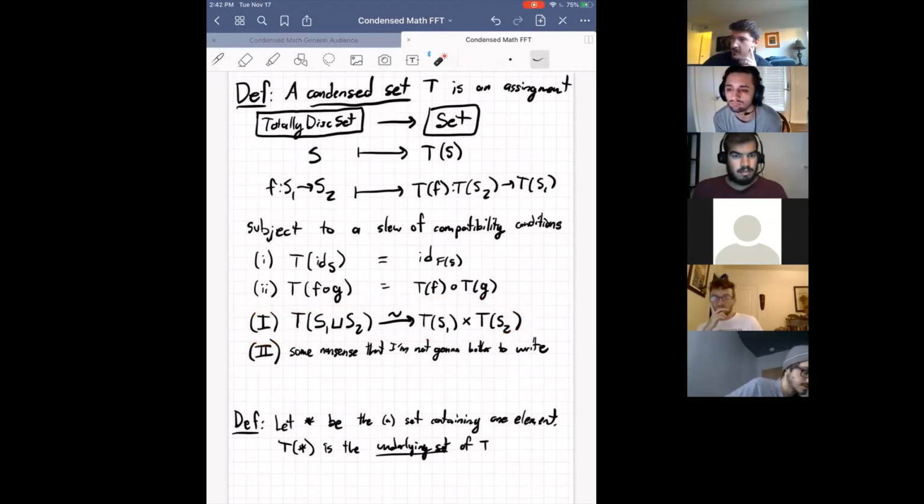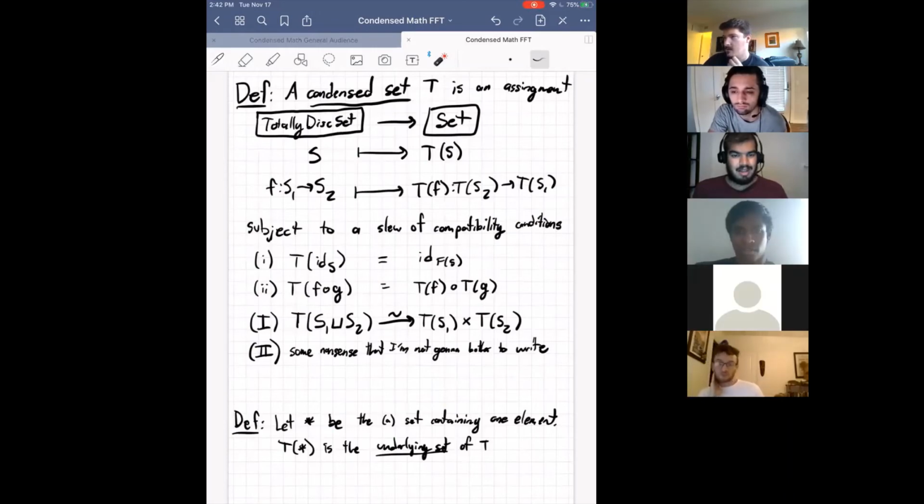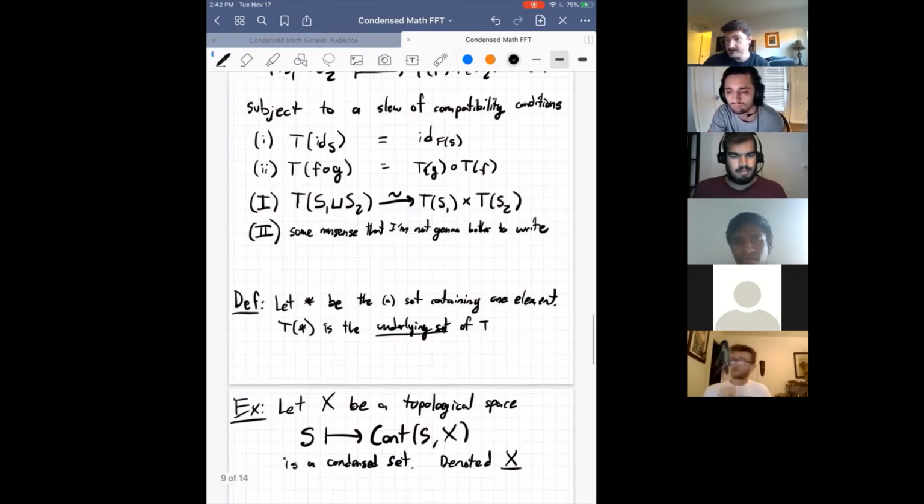Little 2 and big 1 seem to be in conflict for me. Is this supposed to be contravariant? Because then big 1 would be good, but little 2 would be bad if it's covariant. This is a contravariant thing. I may have done this wrong. Okay, cool. So little 2 maybe backward. Okay, yeah. All right. Carry on. Sorry about that.